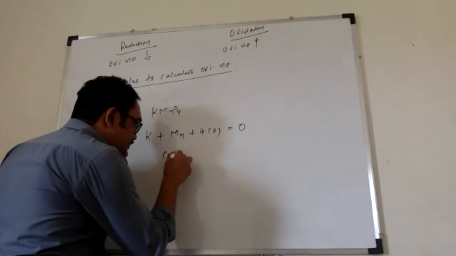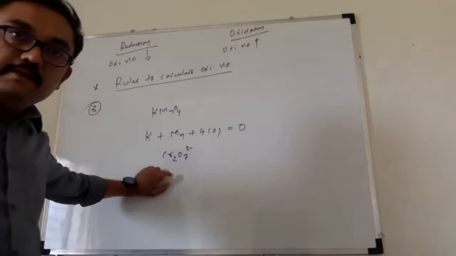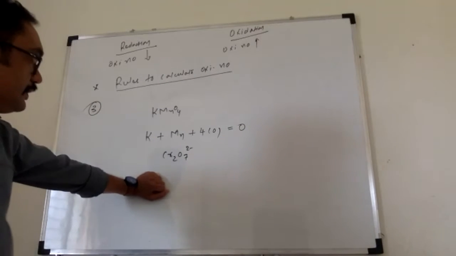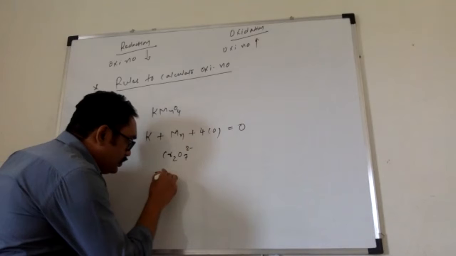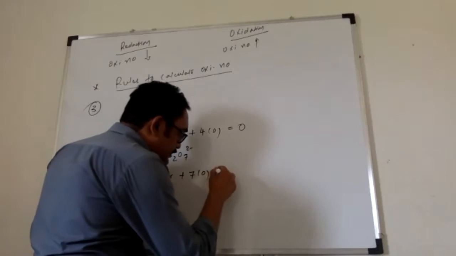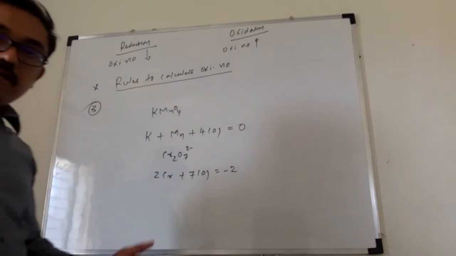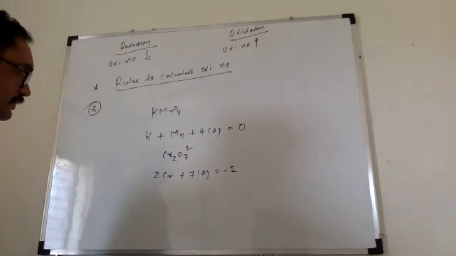If there is a charge, like this, it is the dichromate ion. This ion is called the dichromate ion. Then 2 Cr plus 7 oxygen equals -2. Whatever the charge is, the sum equals that charge.